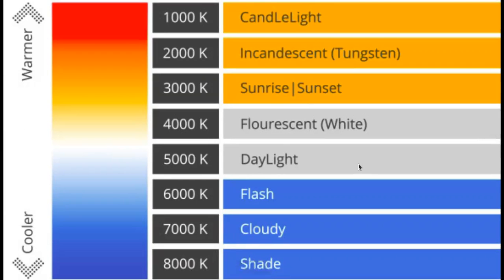So every digital camera tries its best to handle this type of situation. How do they try to handle this? They have predefined white balance modes or settings. These settings are given specific names like daylight, fluorescent, sunset, sunrise, incandescent or candlelight, flash, cloudy.